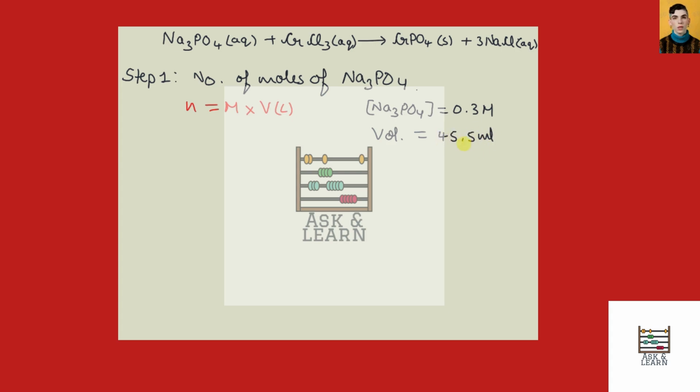So we need to convert it into liters, so we'll divide it by 1000. So it is equal to 0.0455 liters.